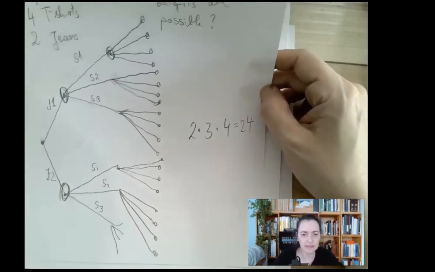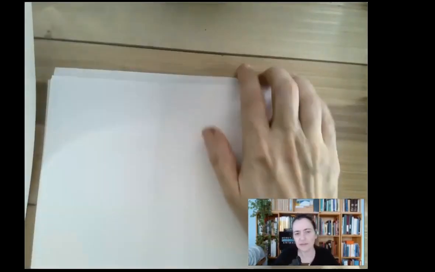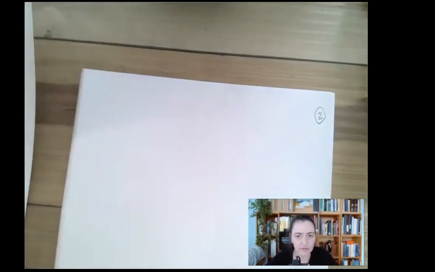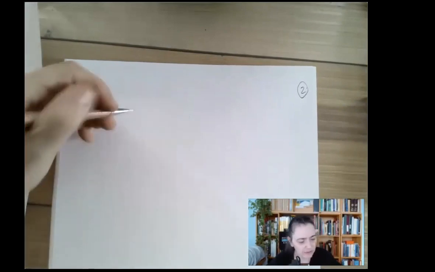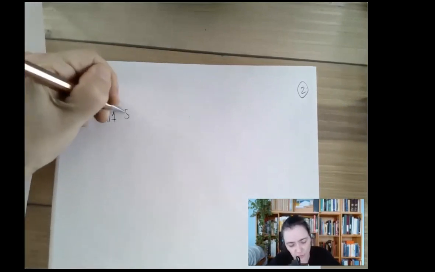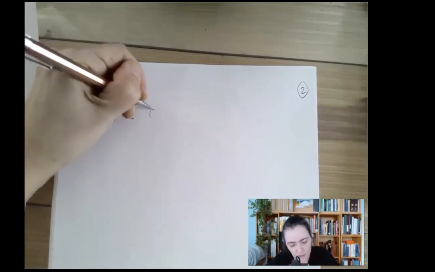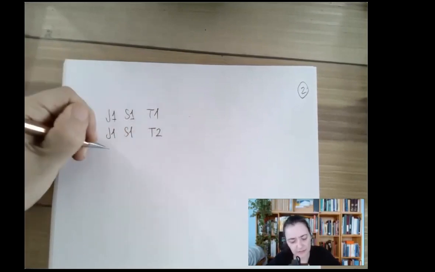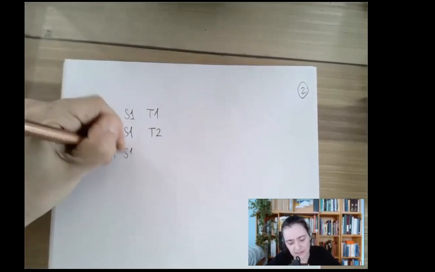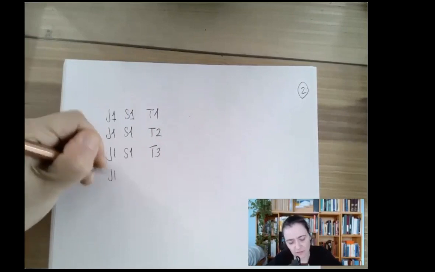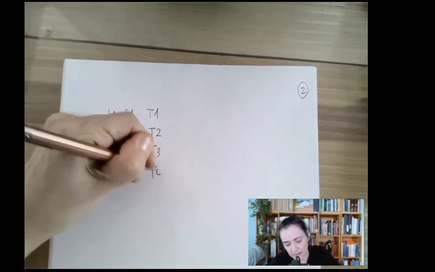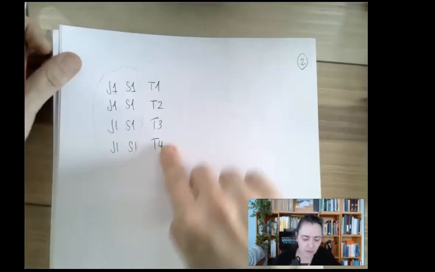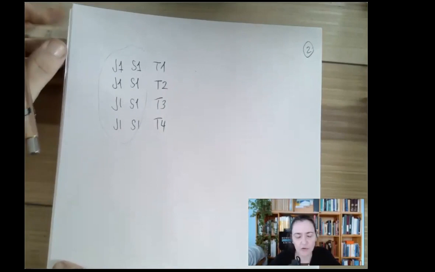I shouldn't have started with the tree probably. No matter what listing we use, we should get the same 24. We can say jeans 1, shoe 1, t-shirt 1, and then fix the beginning and run through the t-shirts, right? We have done listings like this. Jean 1, shoe 1, t-shirts 1, 2, 3, 4. So now we exhausted jeans 1 and shoe 1 with all 4 possibilities.